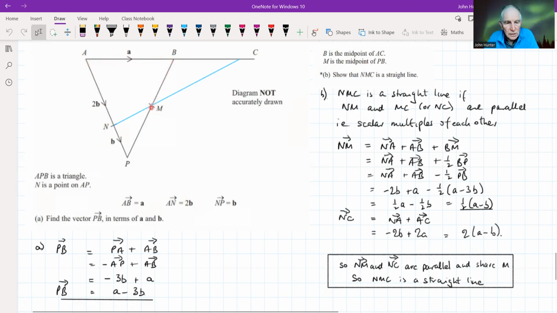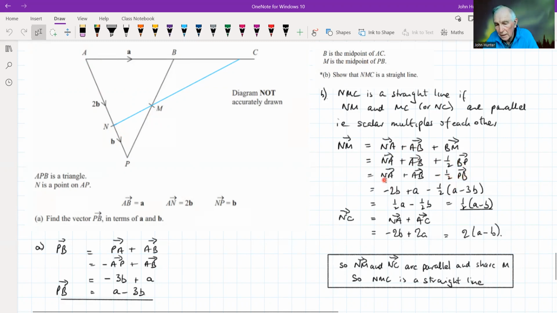We will know BM because this is half of BP, and we can express BP in terms of AB and AP. So therefore NM is equal to NA plus AB from there, and then BM is half of BP, which of course is minus a half of PB.